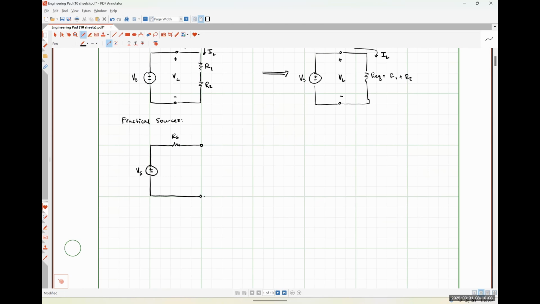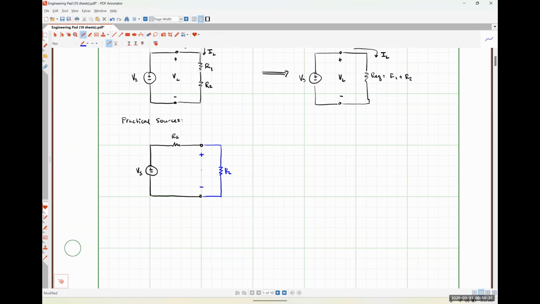And then across the terminals of this practical voltage source, I'm going to connect a load resistor. I'm doing the load resistance in blue to help us understand that this is something that we've added to this practical voltage source over on the left.